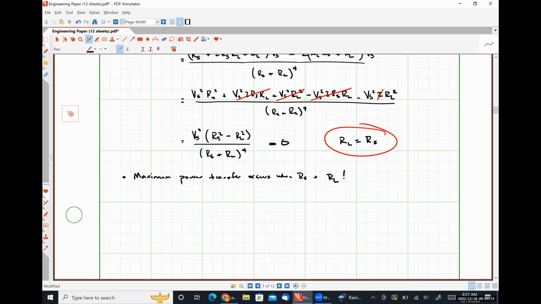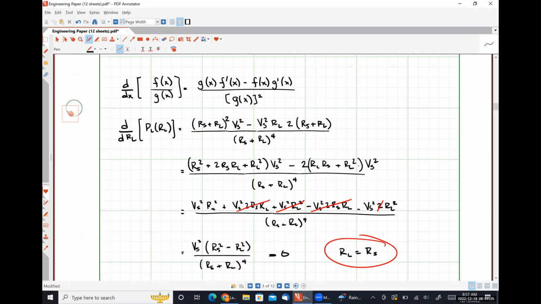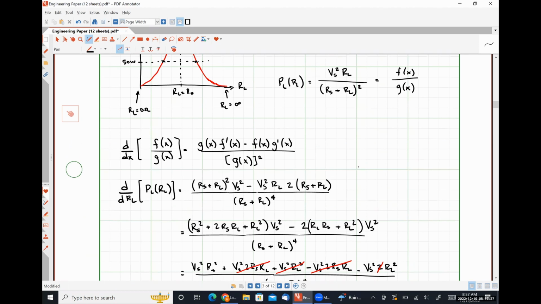Maximum power transfer occurs when RS is equal to RL. And then from this, we could say that PL max, so let's look at our equation up here, just so I don't mess this up.